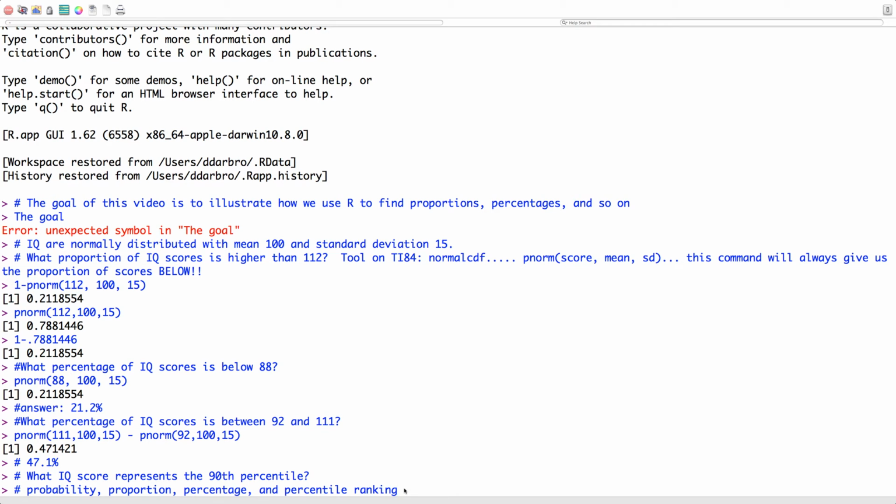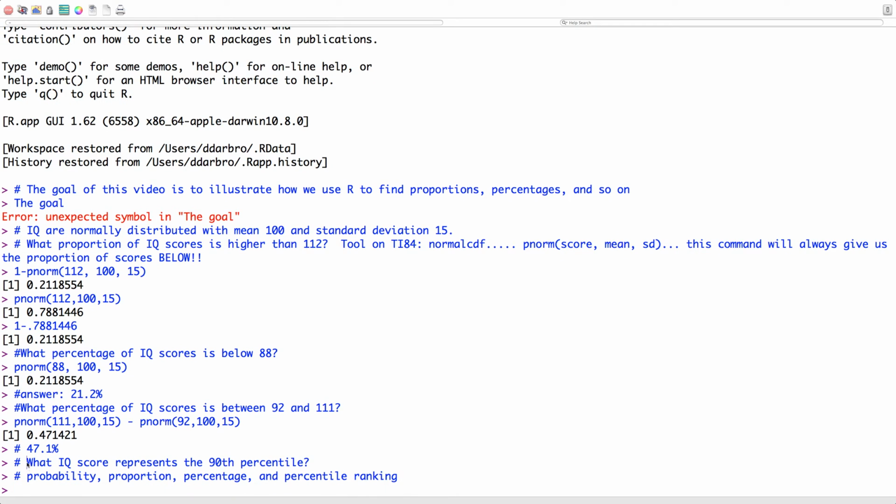Now contrast that with this problem. This problem doesn't ask you to find something with a P. It asks you to find a score with a particular characteristic that's expressed in terms of a percentile. So guys, the function that works here is qnorm.